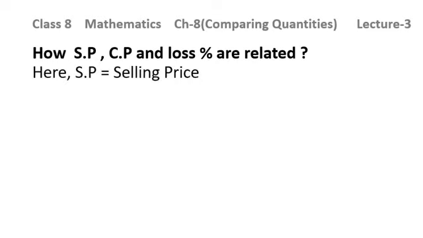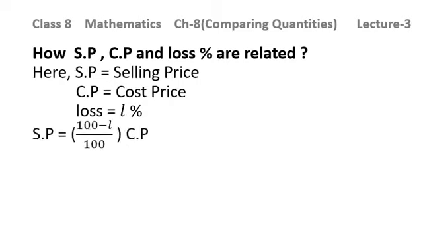Here SP is selling price, CP is the cost price, and loss is given as loss percent if it is given to you in percentage. This is the formula: SP will be given by (100 minus loss percent) over 100 into CP.